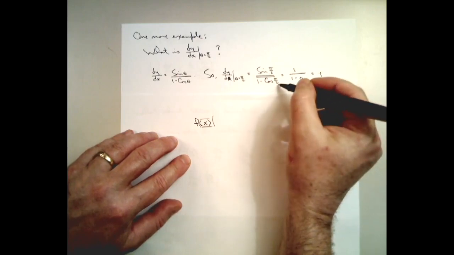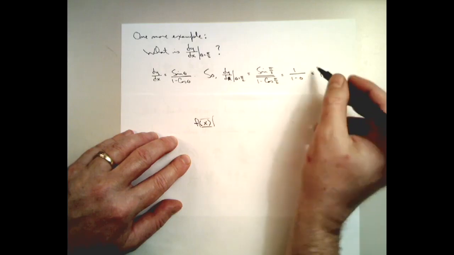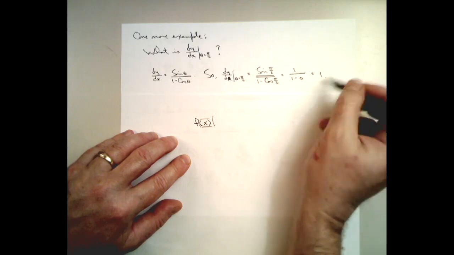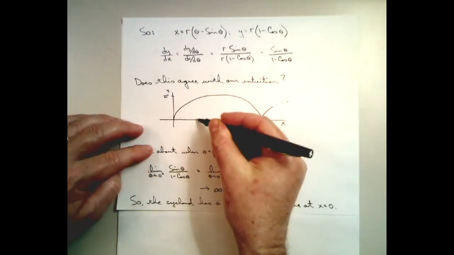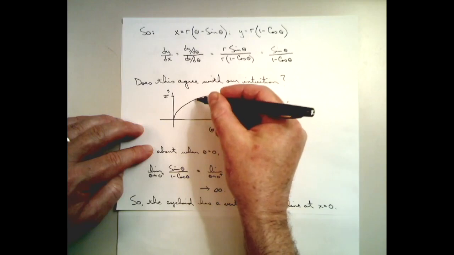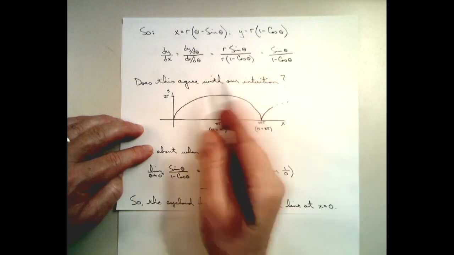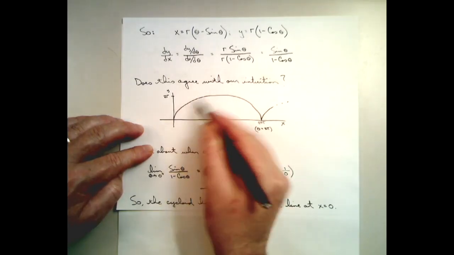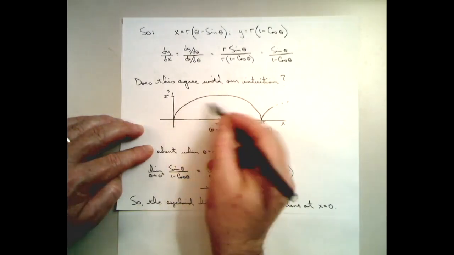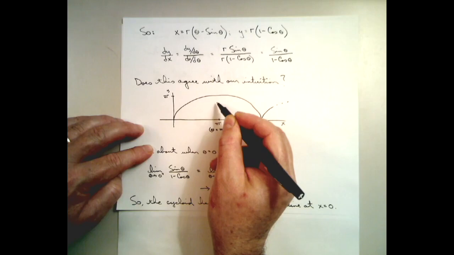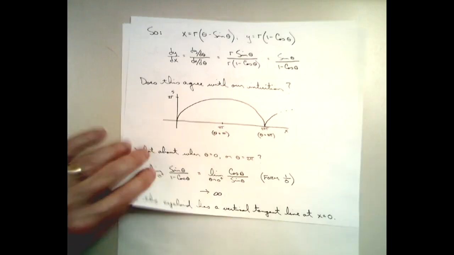Cosine of pi over 2 is 0. And so my denominator is 1 as well. And so we wind up with a slope of exactly 1. And so if this picture had been drawn perfectly accurately, then right at this point, I would have a tangent line that met the horizontal at a 45-degree angle. Slope of 1. Okay.